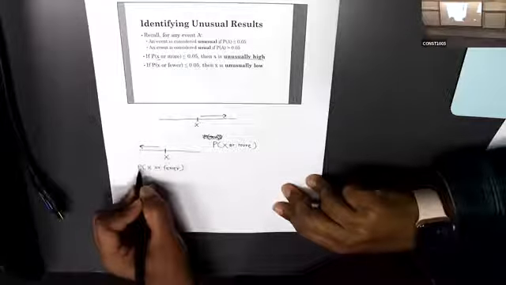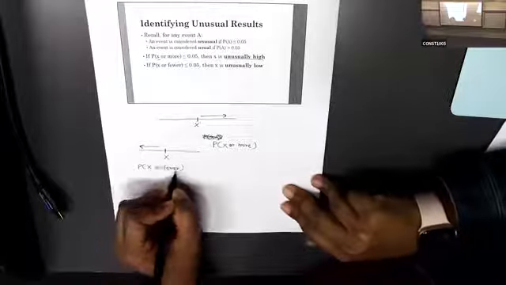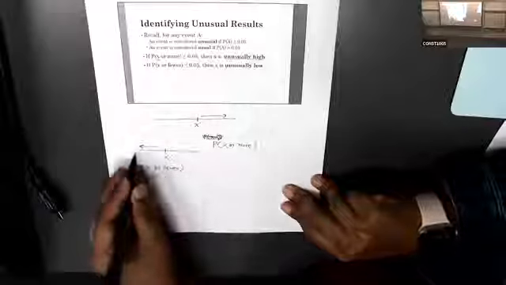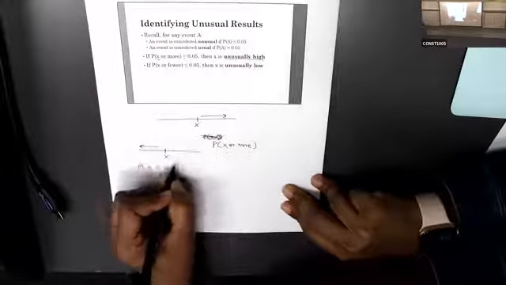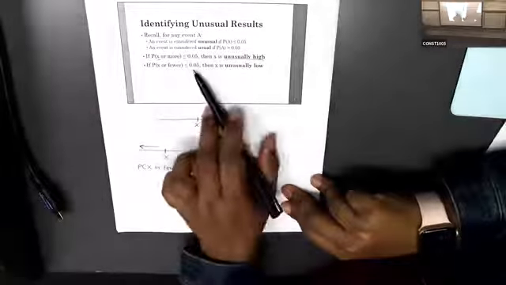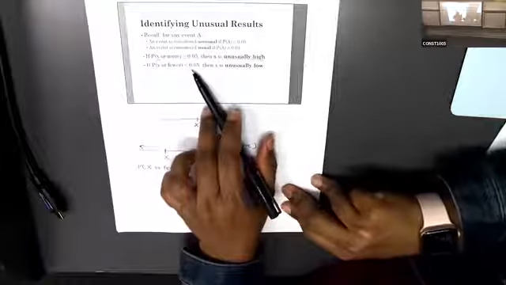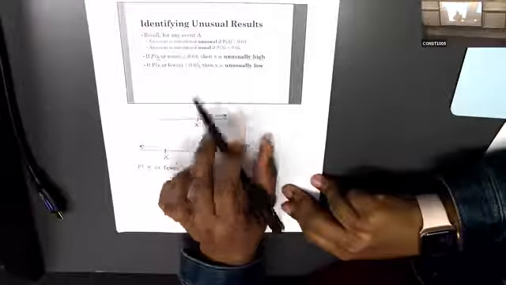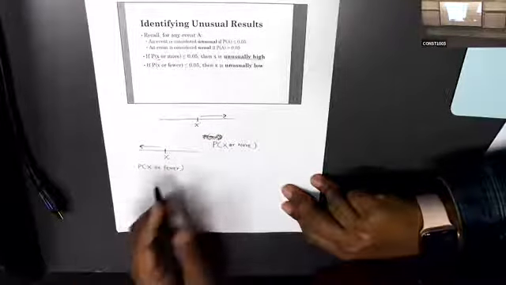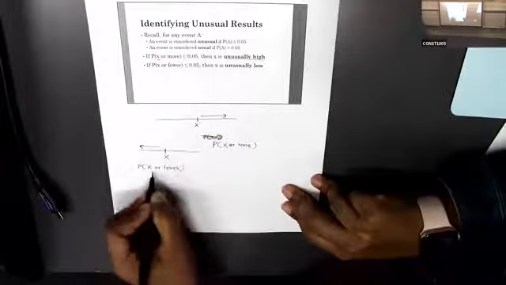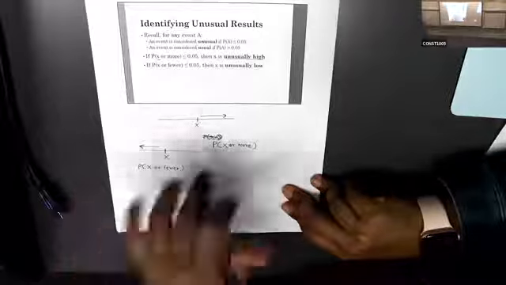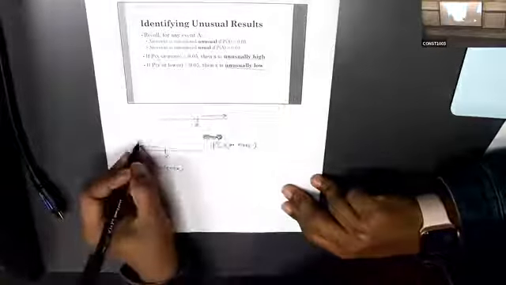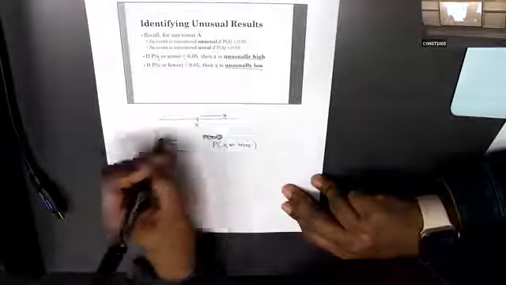That means probability of 5 or fewer. So if you can find the total probability of that value, and if you can see that probability is less than or equal to 0.05, that means very small probability, then we can say that x value is unusually low. It's because it's to the left, here it's right.